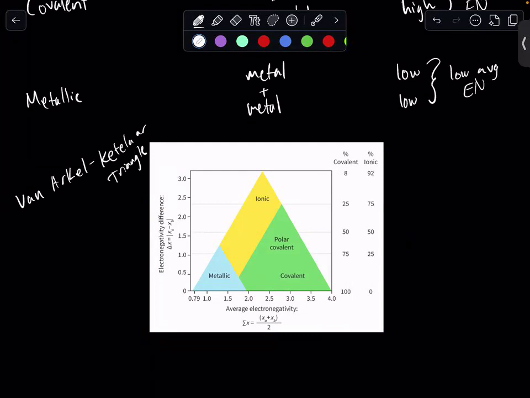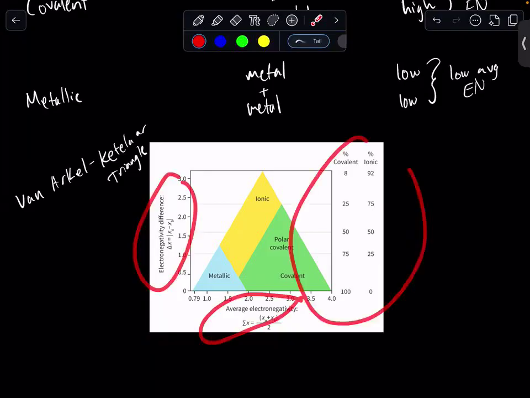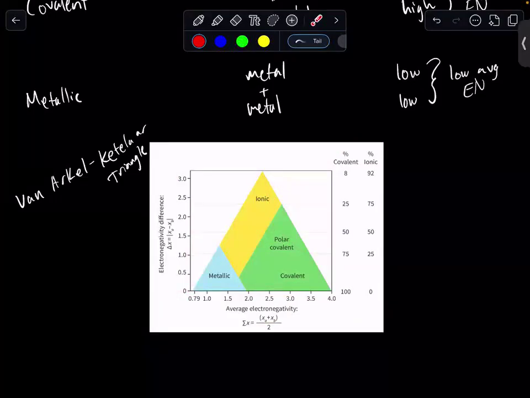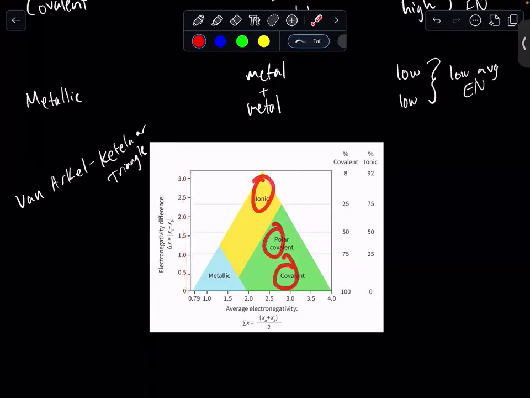What this does is it has not two axes, but three axes that we can go off of, as well as shaded areas that divide our triangle and allow us to identify properties and bond character of these individual combinations. So up here on our y-axis, we have the difference in electronegativity. You'll notice that as the difference in electronegativity increases, we go from covalent to polar covalent and ionic.